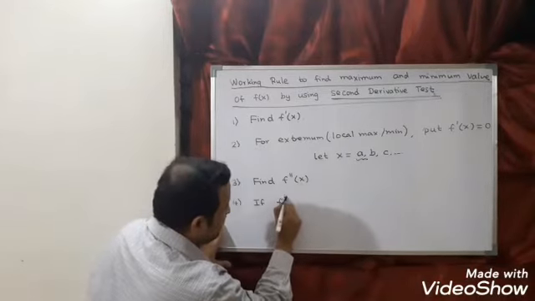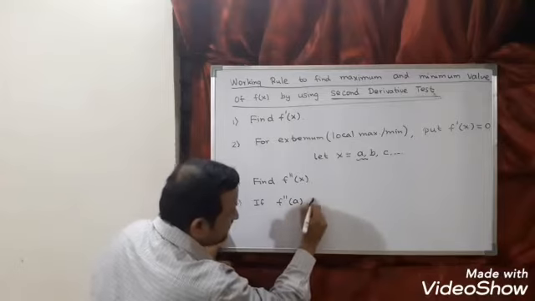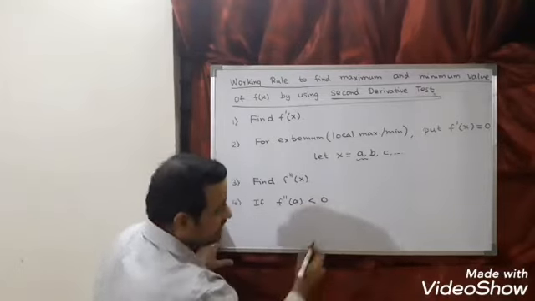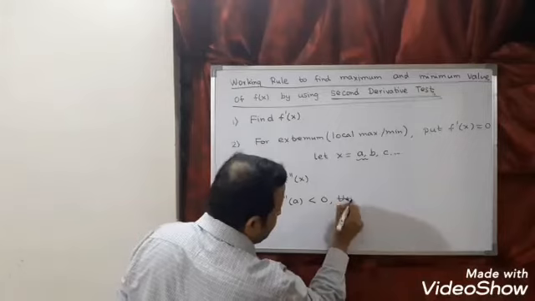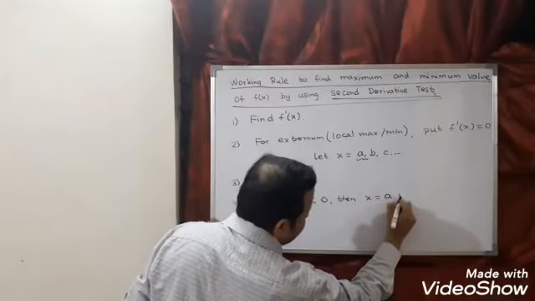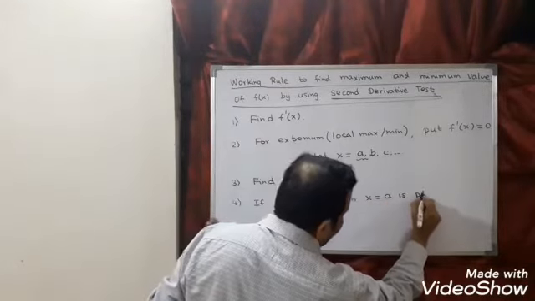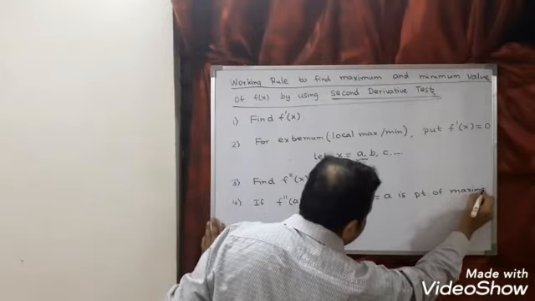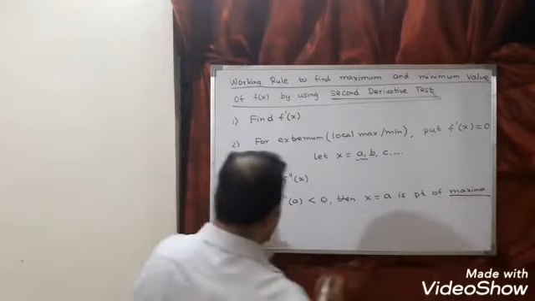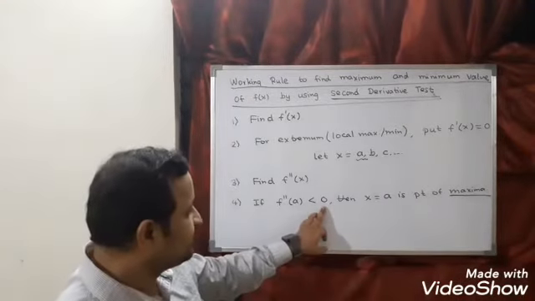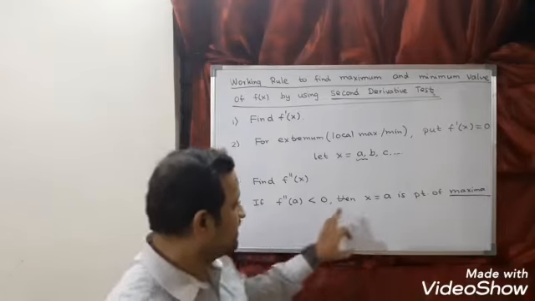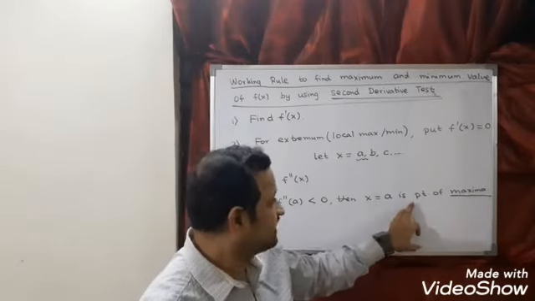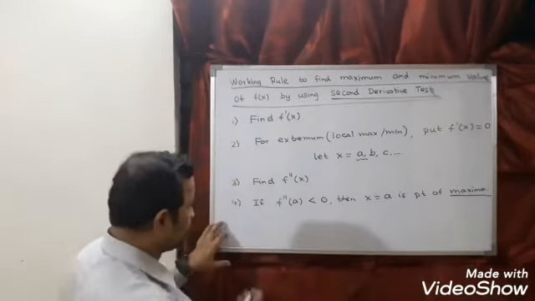If f double dash a is less than 0, then x is equal to a is a point of maxima.